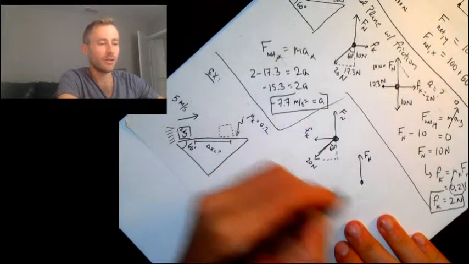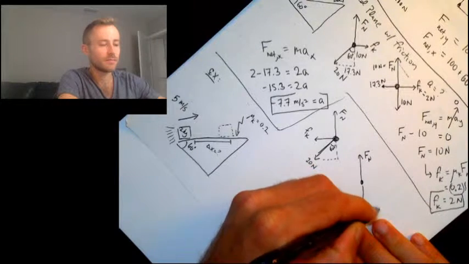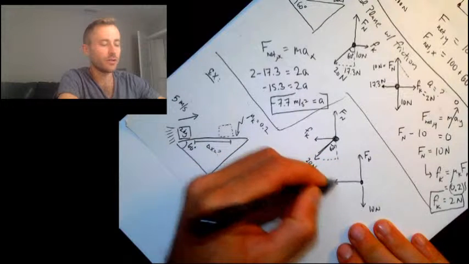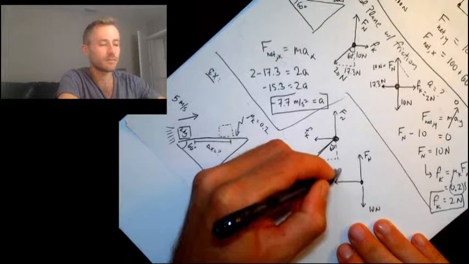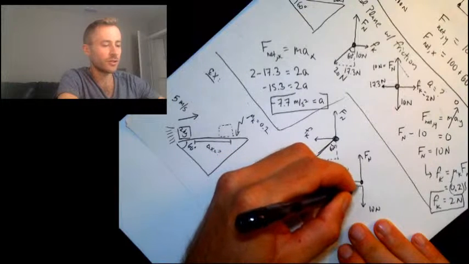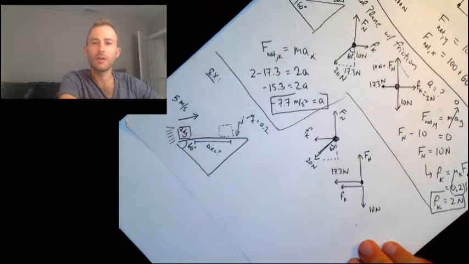This 20 newton force is equivalent to 10 newtons down and then 17.3 newtons across. But then we also have friction going this way.